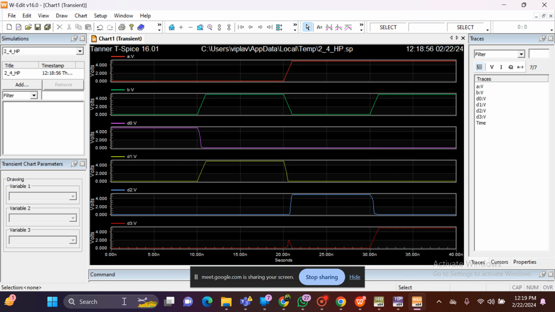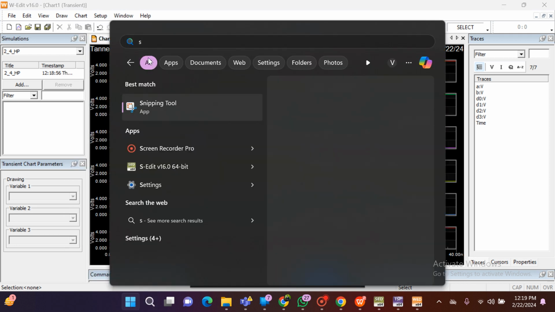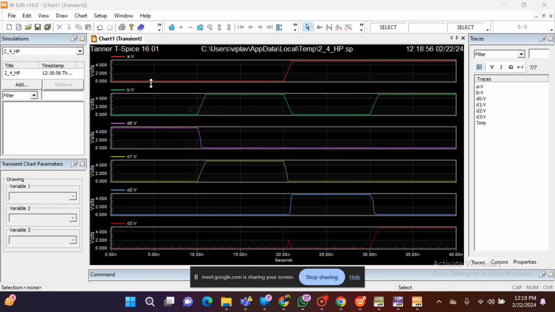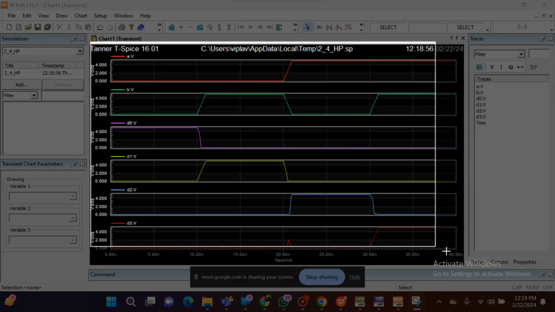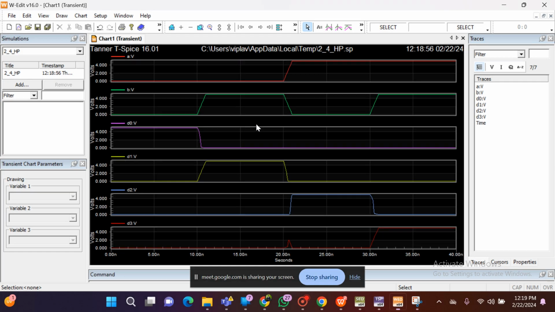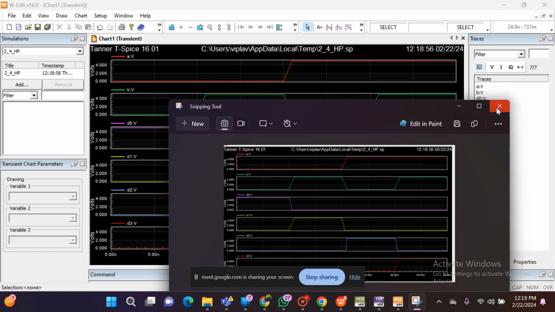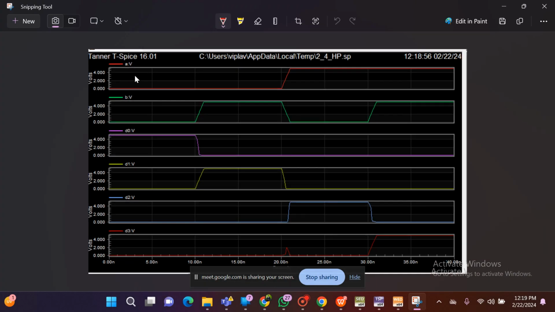So snipping tool, where is my snipping? So 0, 0, 0. Okay, the A input is constant up to here.